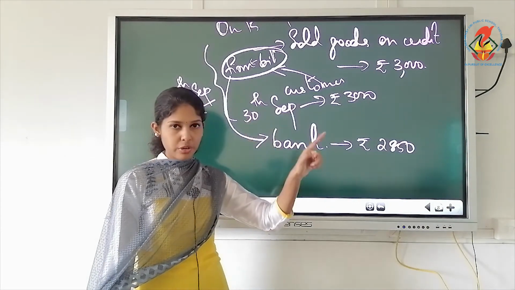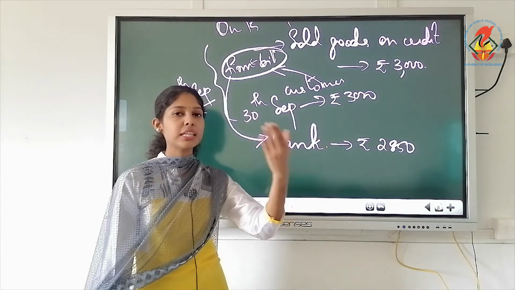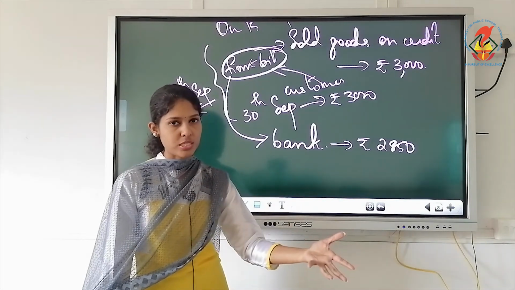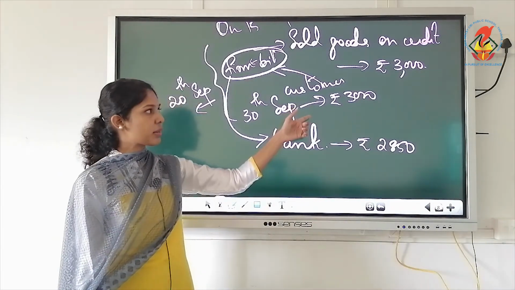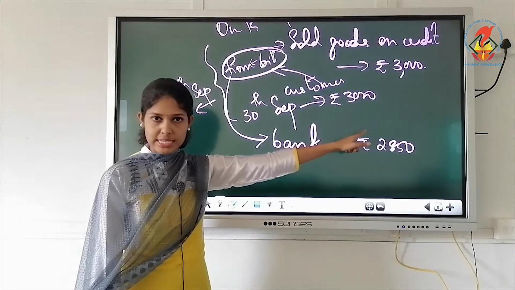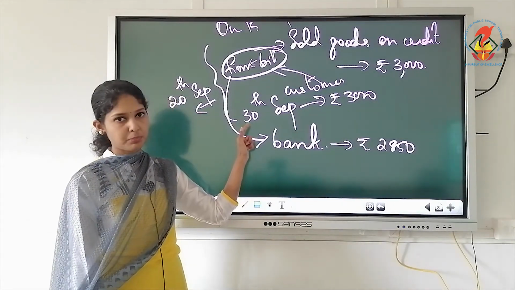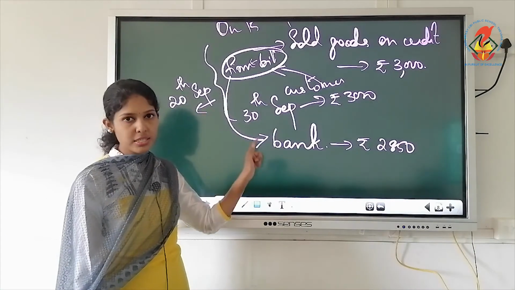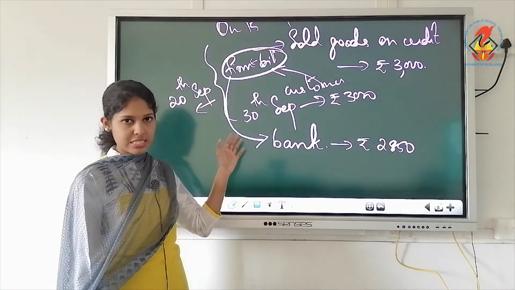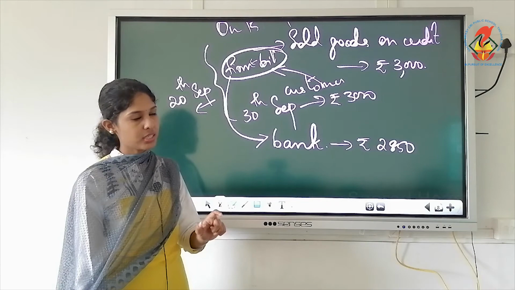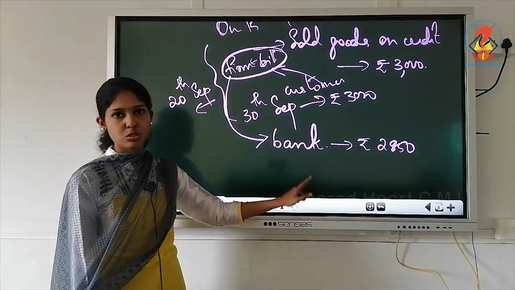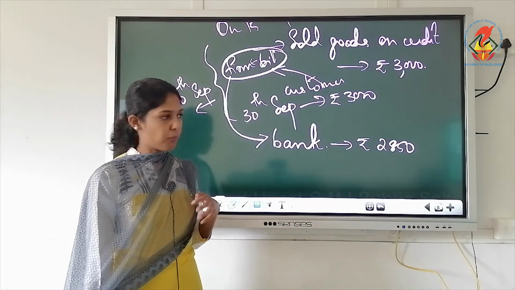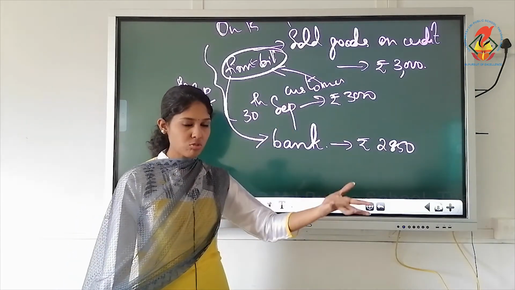When you sell goods on credit, immediately you are not getting the amount. Instead, you will get a bill of that 3000 and payment will be made by the customer only on a later date, only on 30th September. In between, on 20th September, if you are in need of money, you have a facility like bill discounting. You can take this bill to the bank and bank will give us not full amount, but they will deduct their bank charges, their commission.